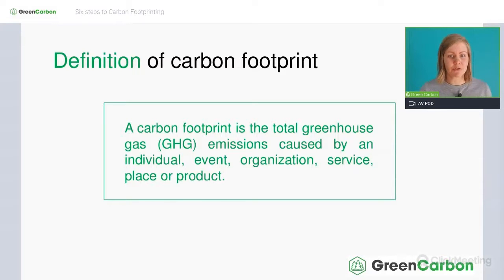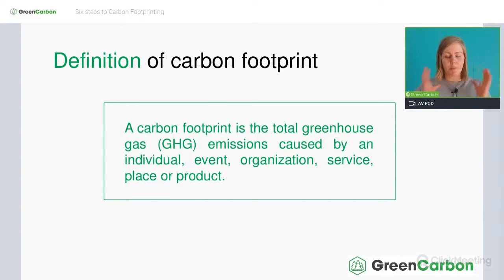So let's go to the main topic of today, and let's start with the definition of carbon footprint. Carbon footprint is the total greenhouse gas emissions caused by an individual, event, organization, company, service, place, product, these kinds of things.